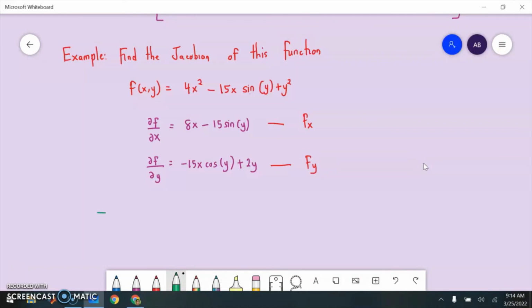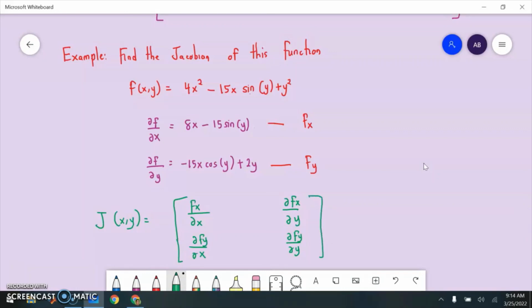So my Jacobian now will be first fx with respect to x, and then the second one will be fx with respect to y. See that? Because we have x and y. And then this part here will be the function of y with respect to x, and the function of y with respect to y. That's how you do it.